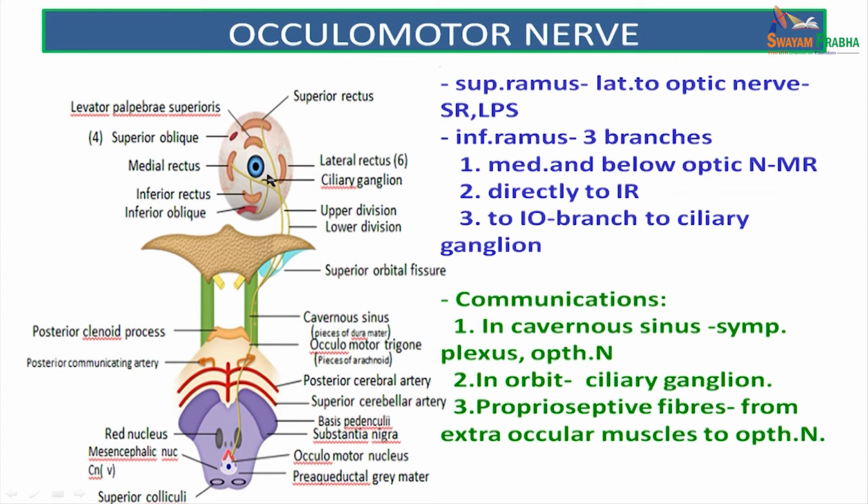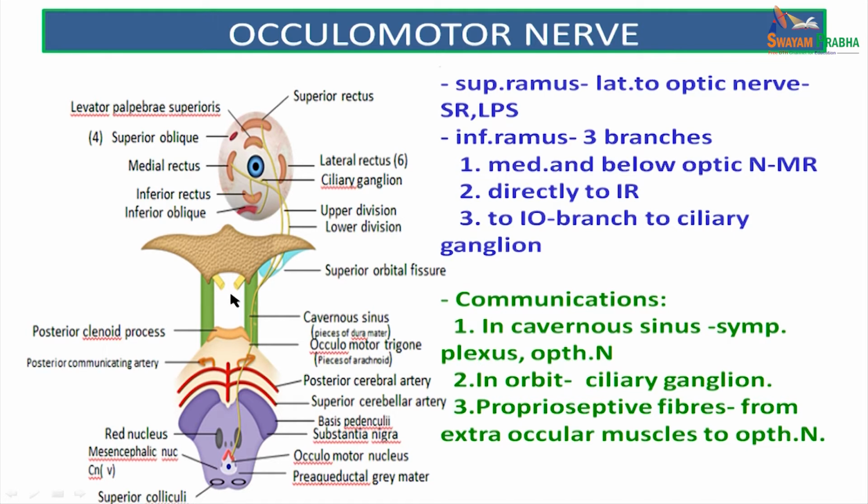And the inferior ramus of the oculomotor nerve divides into three branches, which supply the medial rectus, the inferior rectus, and also the inferior oblique. A branch from the inferior oblique is relayed into the ciliary ganglion, which carries the parasympathetic fibers of the Edinger-Westphal nucleus, and the ciliary ganglion is present between the lateral rectus and the optic nerve.